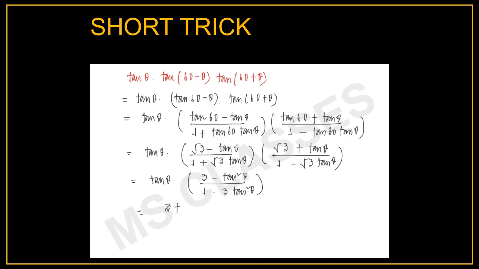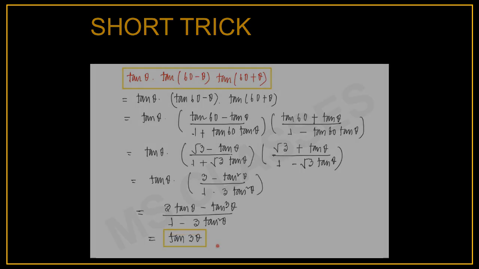Now here 3 tan theta minus tan cube theta by 1 minus 3 tan square theta, and that gives us tan 3 theta. So a very simple expression, but a standard expression which you have to keep in mind. And if we have this format, we can say the result is tan 3 theta.